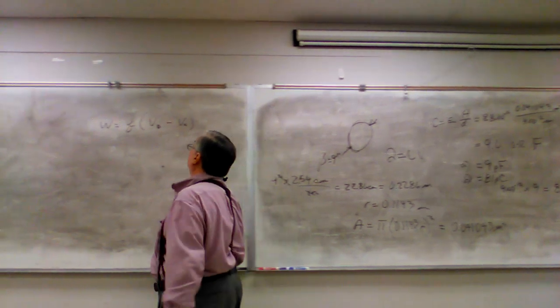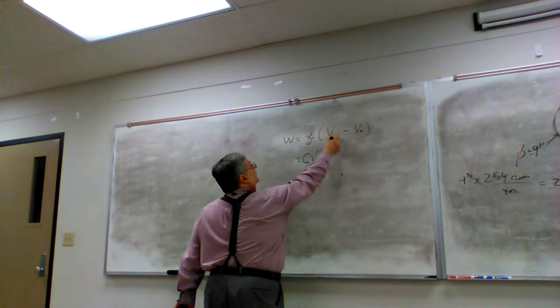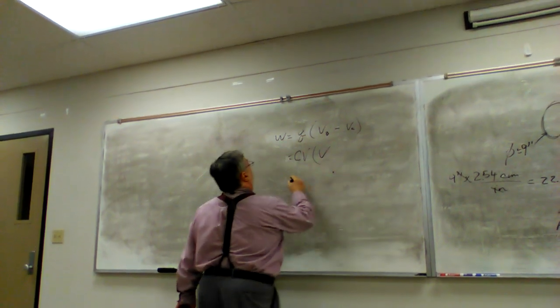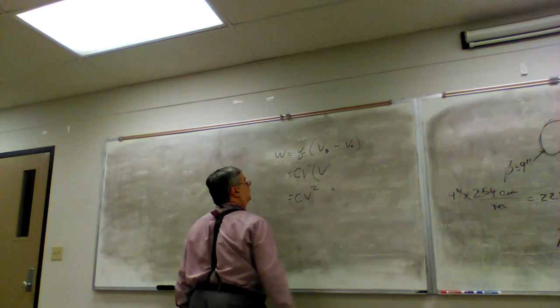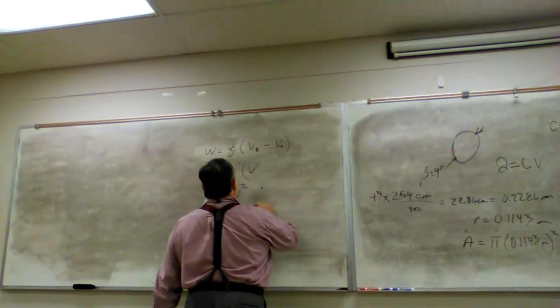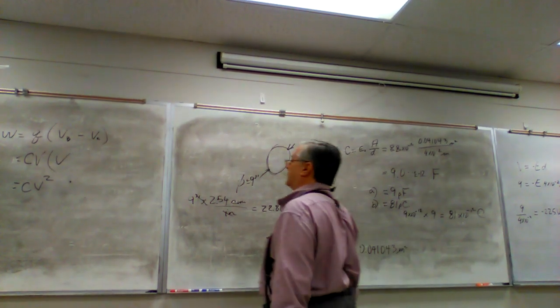Capacitance times voltage. And the delta V is simply the voltage across it. So 9 squared is 81. And C is what? 9 times 10 to the minus 12?